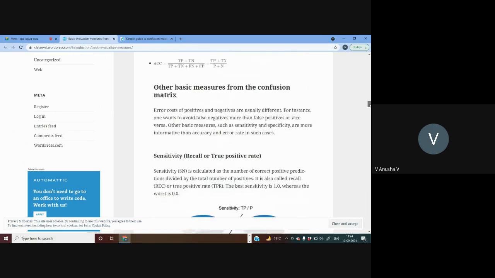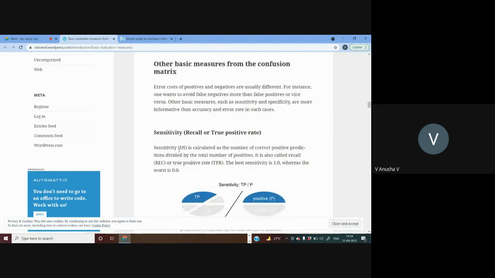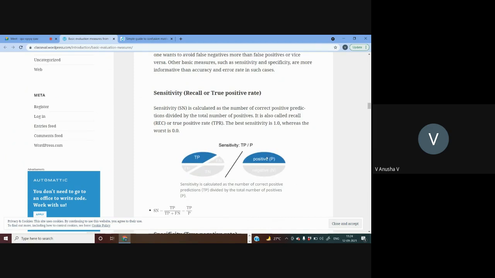Next is sensitivity. Sensitivity is calculated as the number of correct positive predictions divided by the total number of positives. Correct positive predictions will be considered as TP. TP by the total number of positives. The total number of positives will be true positive plus false negative. Okay, TP by P. That is sensitivity.